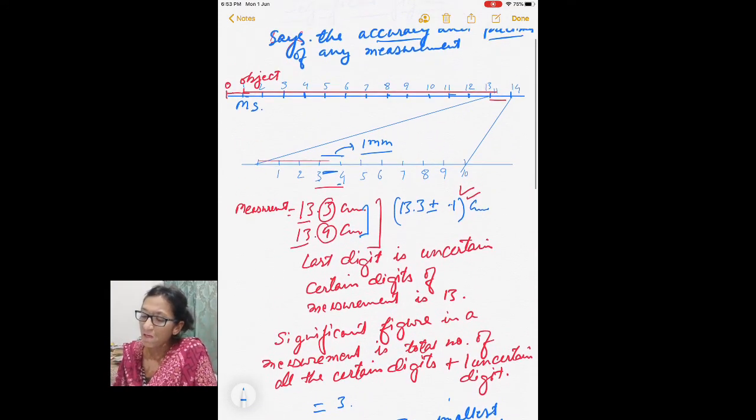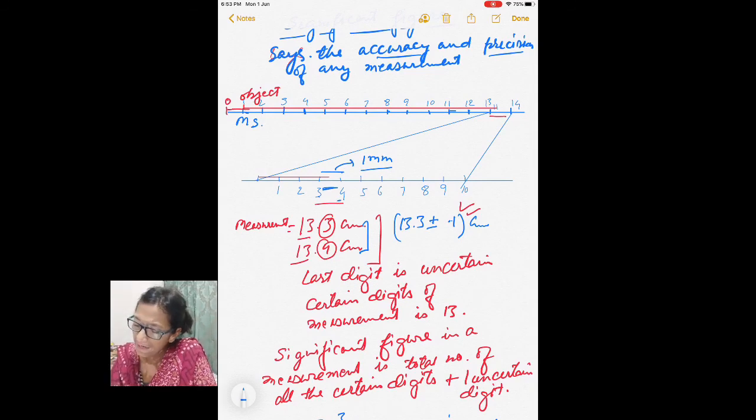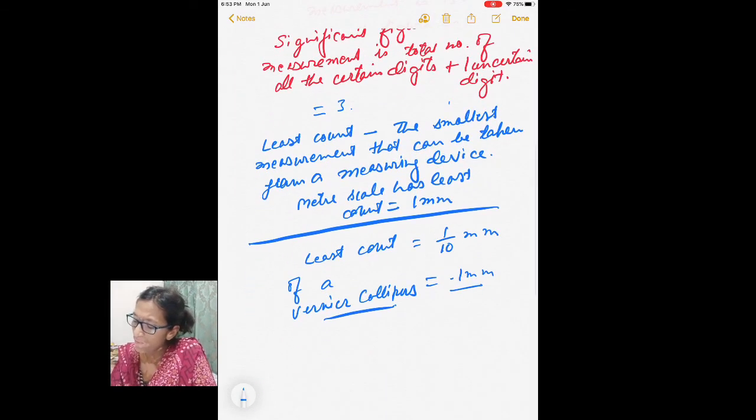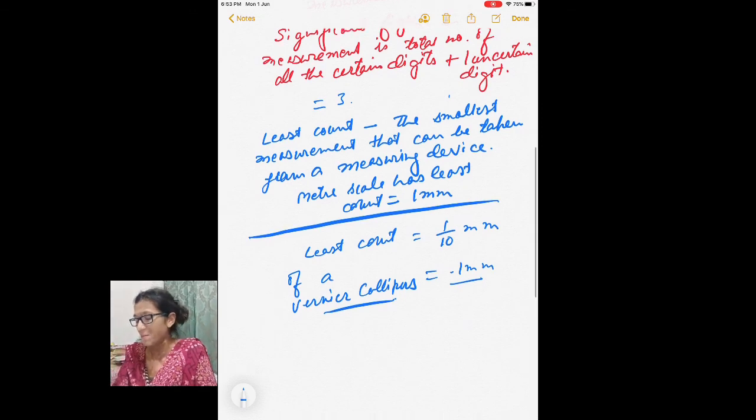Okay. So if you reduce the least count, then your measurement will be more accurate and more precise, because variation will be up to 1/10 of millimeter.